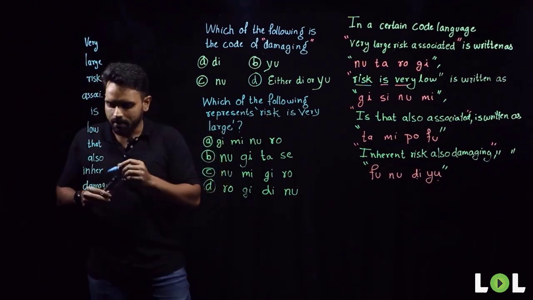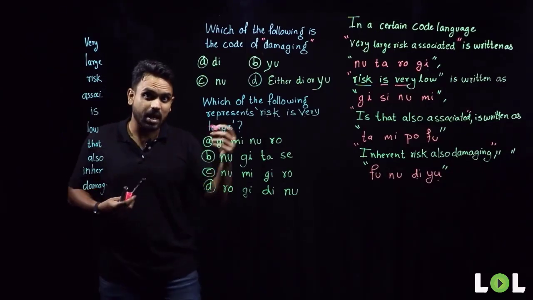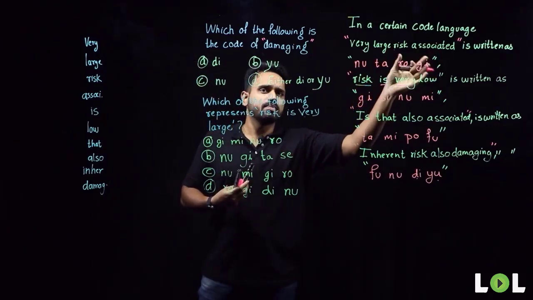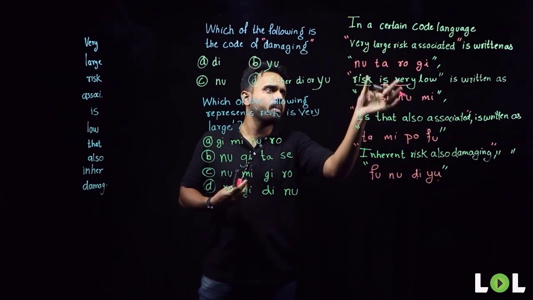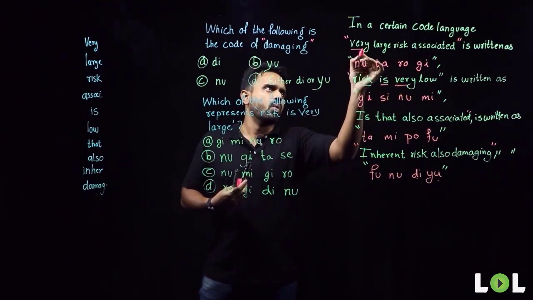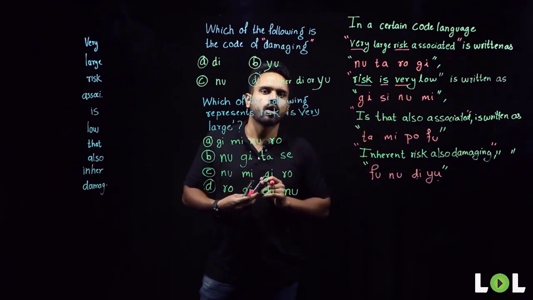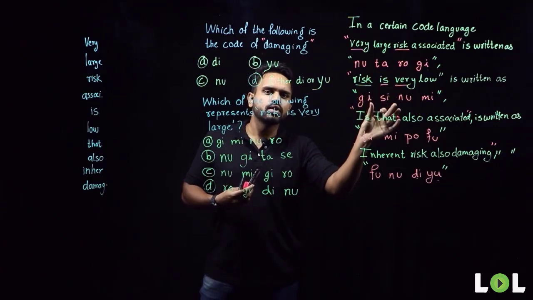So after forming this column, what I'll do is start comparing the sentences. Very large risk associated is my first sentence, and the second one is risk is very low. What is in common between these? Very, risk. Here as well, risk and very are common. So in the code as well, I should have two codes common.